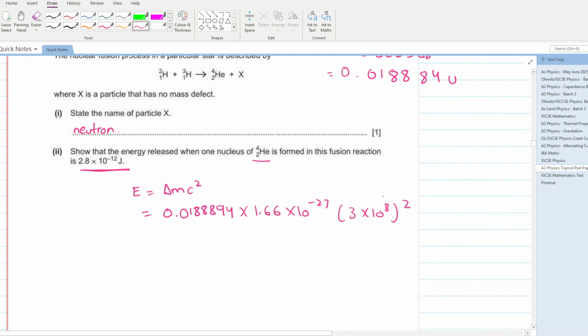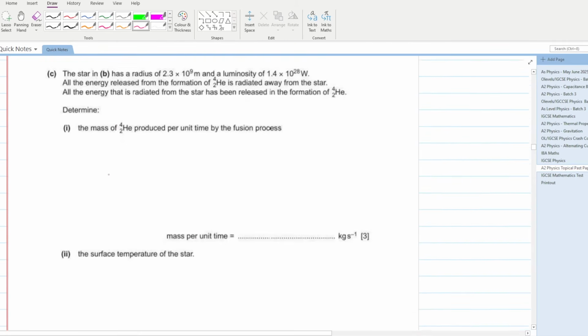So let's calculate this answer. Let me put this in the calculator. I hope we are correct, because whenever we have numbers like these, the answer comes out to be 2.82 times 10 raised to the power of minus 12 joule. That is same as this. Let's move on to the next one.